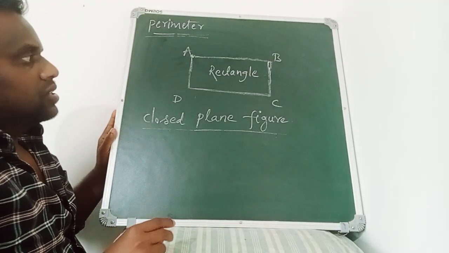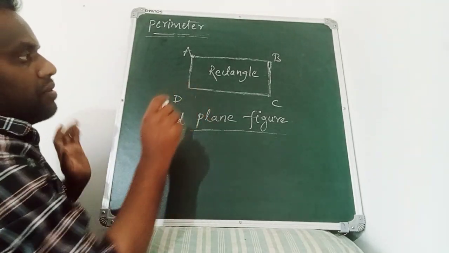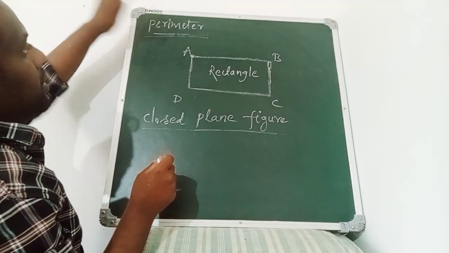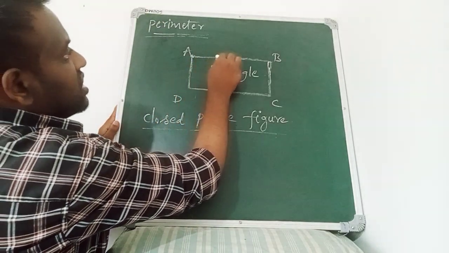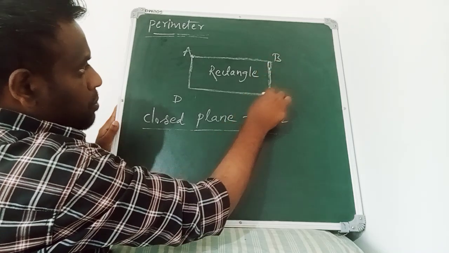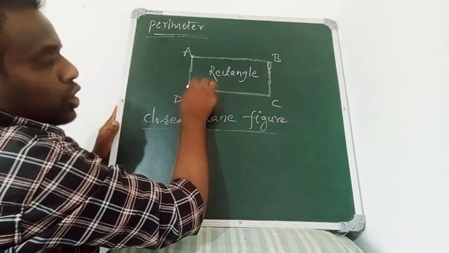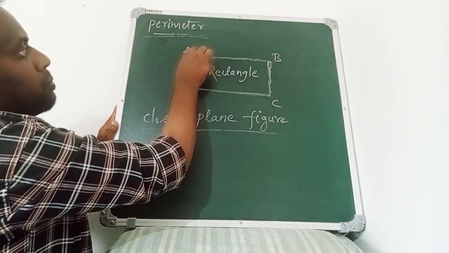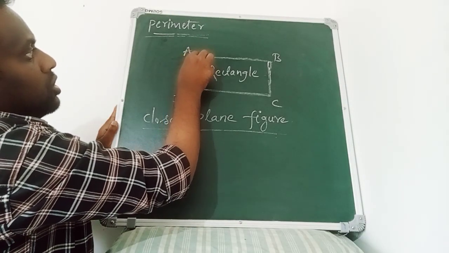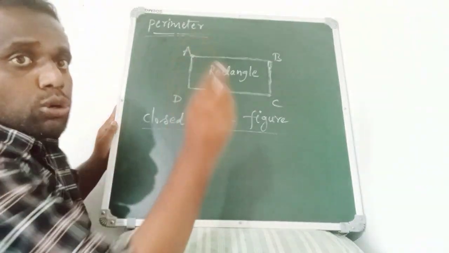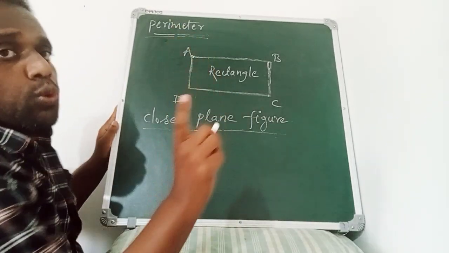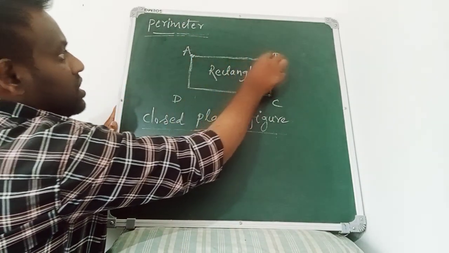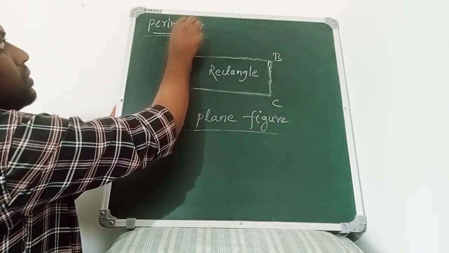I will tell this same thing in words. Perimeter is the distance covered along its boundary when you go around it only once. That means if you start at point A, you have to stop at point A only. Only once you have to go. So this distance is called perimeter.